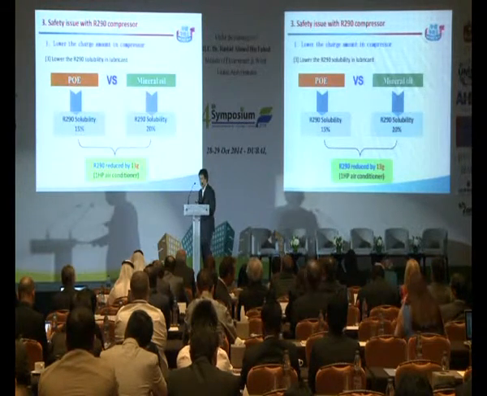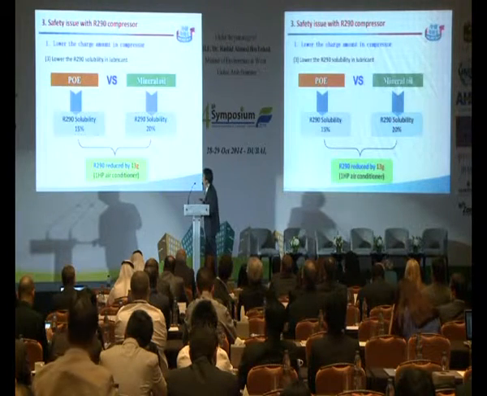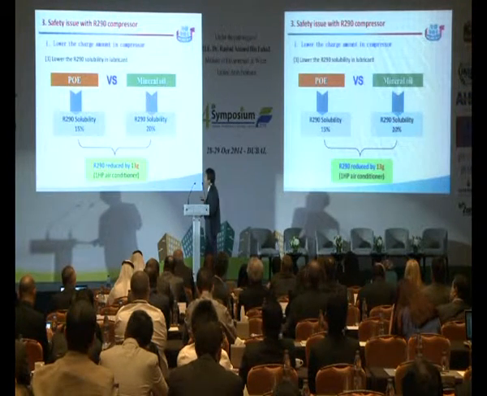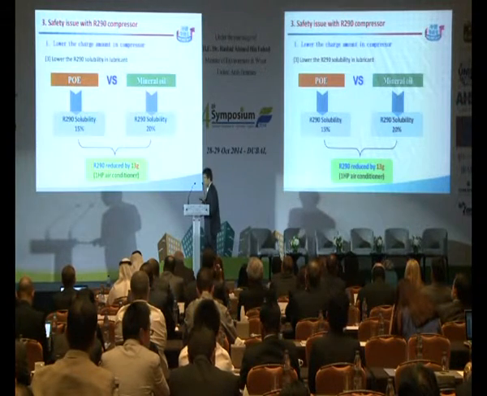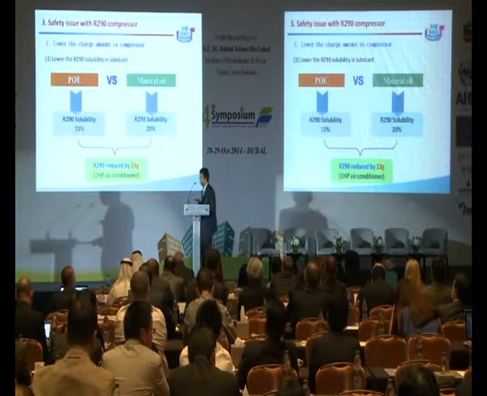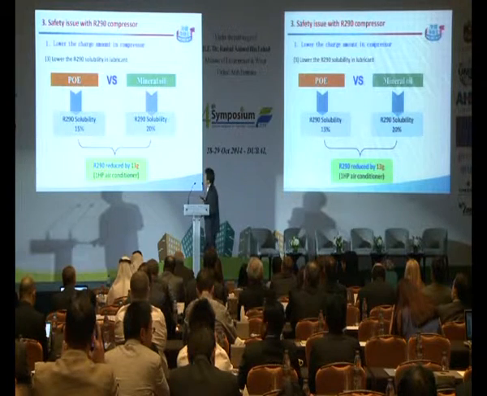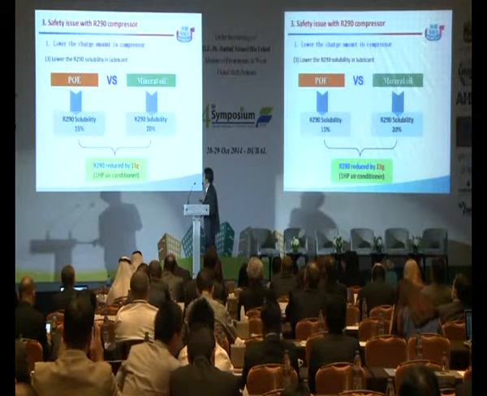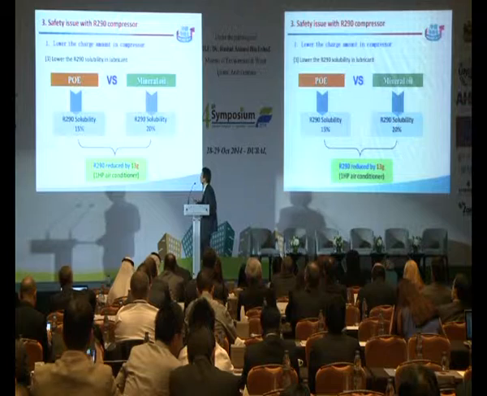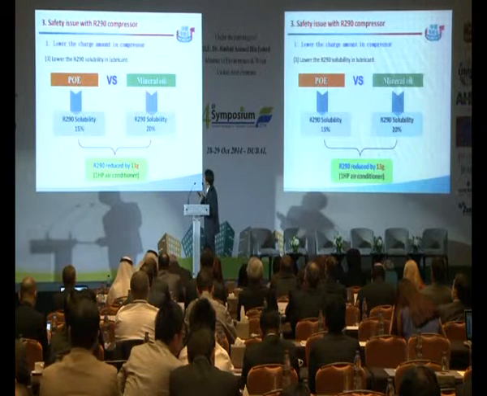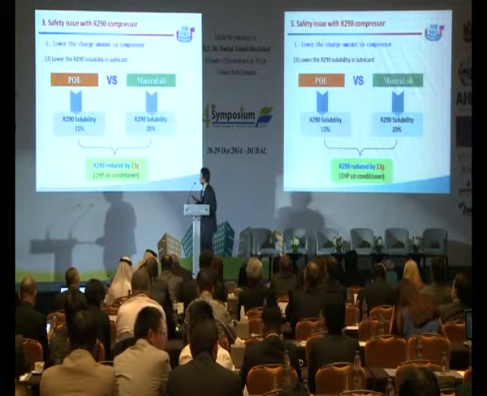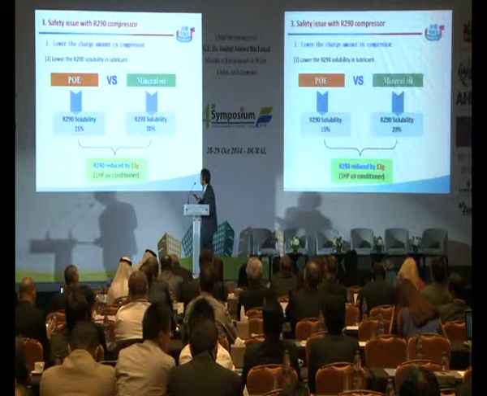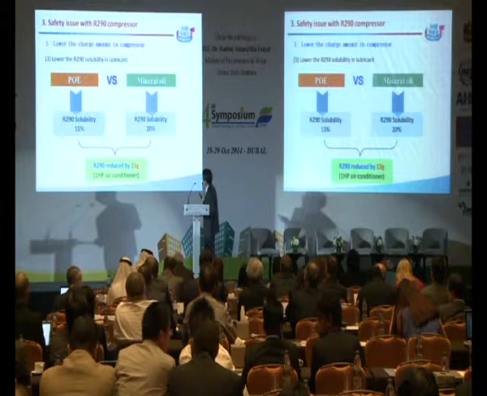We know in the compressor, part of the R290 will dissolve in the oil. So the solubility will have an influence on the R290 charge amount. Here we have two kinds of oil. One is POE, another one is mineral oil. The solubility difference is 5%.